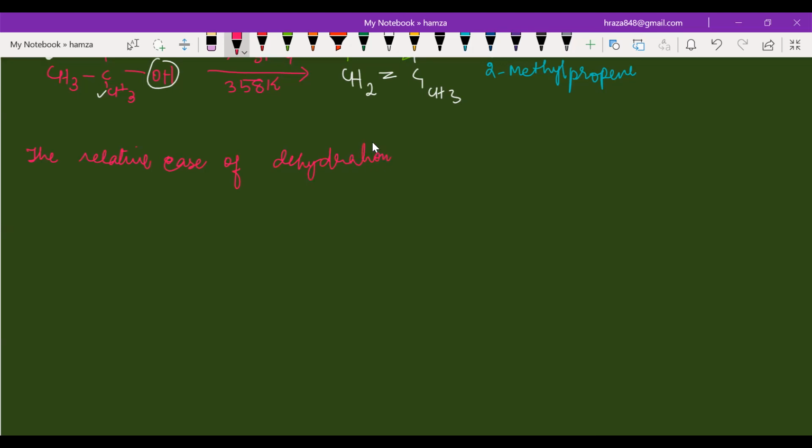The relative ease of dehydration of alcohols follows the order. As you know, what is the order? So the order is basically tertiary, then secondary, and then primary.